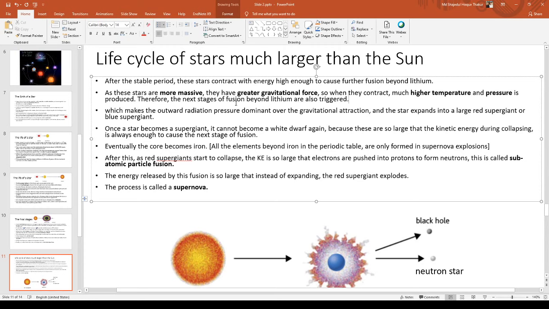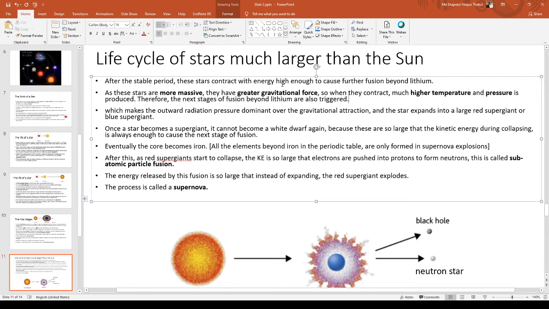You remember helium fusion releases more energy than hydrogen fusion, right? Similarly, lithium fusion will release more energy than helium fusion, right? Because the heavier the nucleus, the bigger its fusion reaction. So it releases more and more energy.